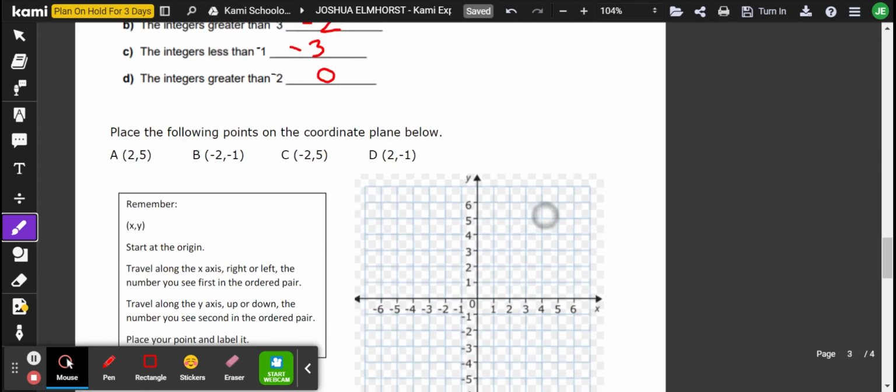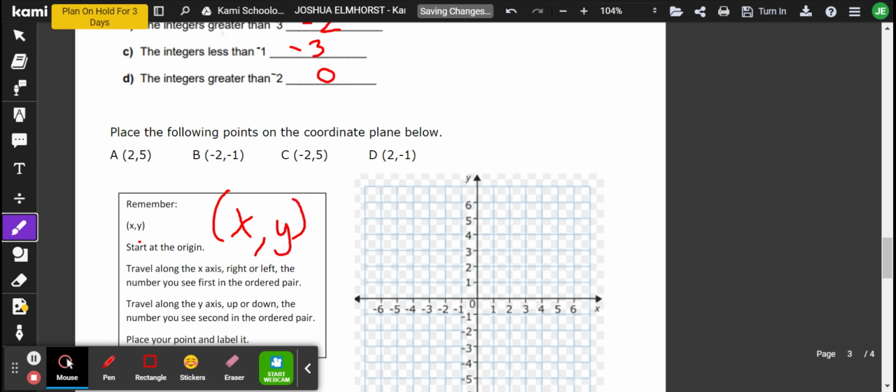Okay, place the following points on the coordinate plane below. Remember, we are starting with the x number line and then the y number line, otherwise x and y axis. So on the first one here, x is +2, y is +5.